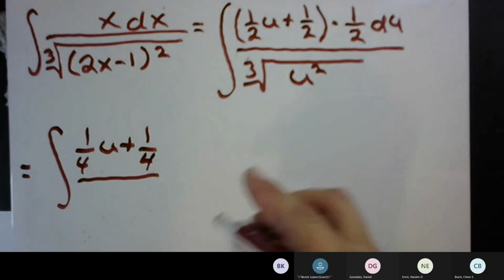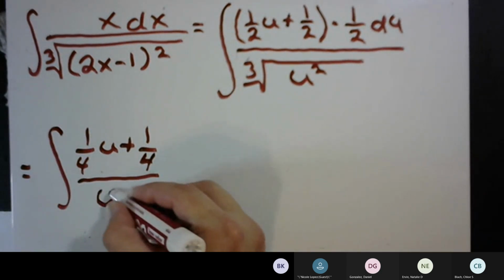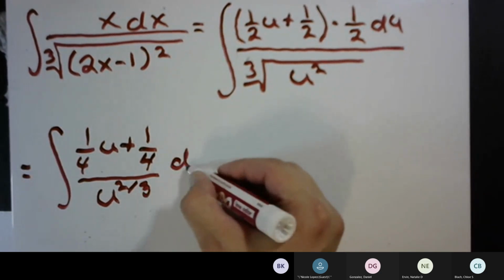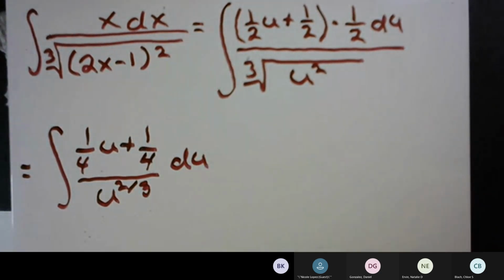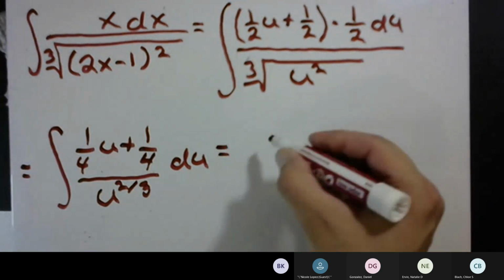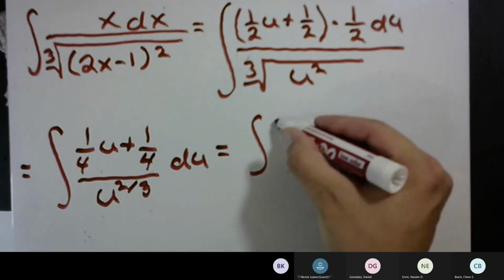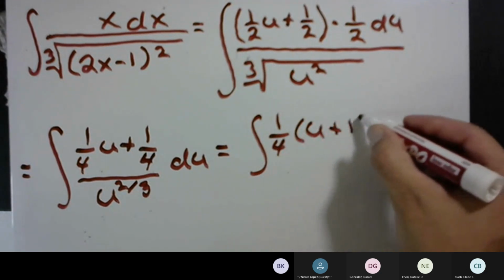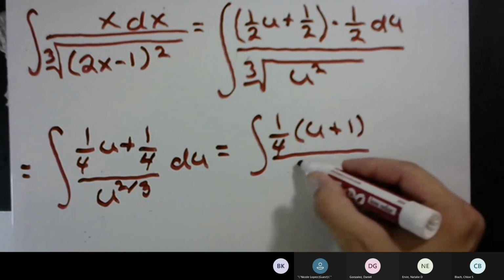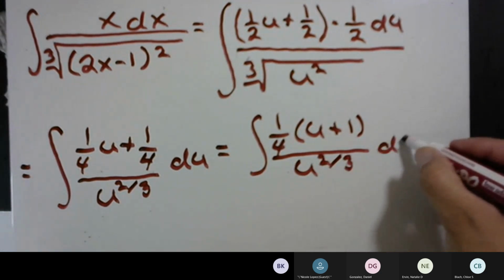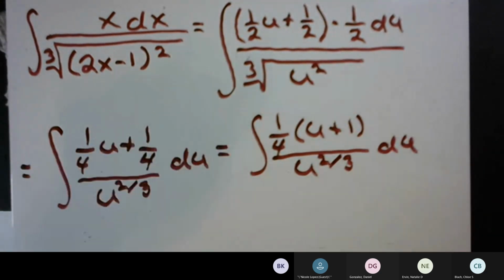And the cube root of u, another way of writing that is u to the 2/3. And we have du. We could factor out a 1/4 here on top. We can pull that 1/4 out.